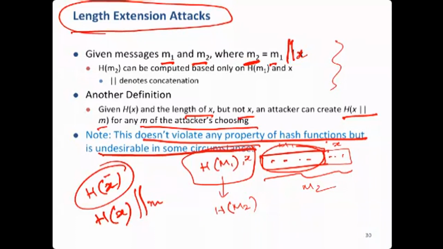So basically from H of X, somebody can create H of X concatenated with M.